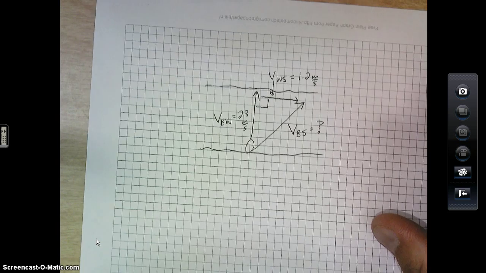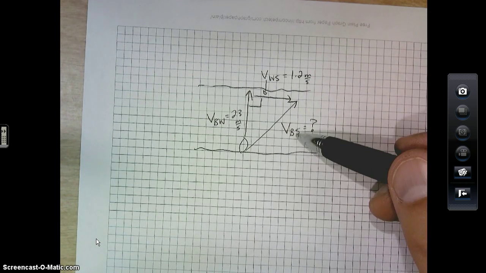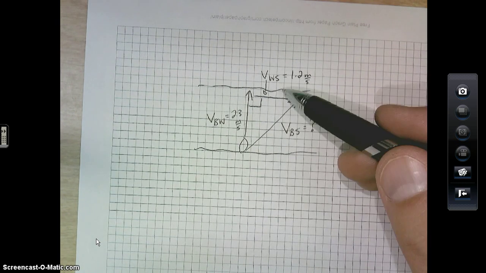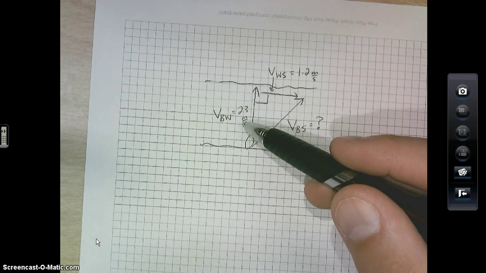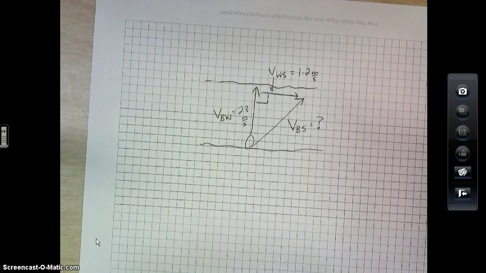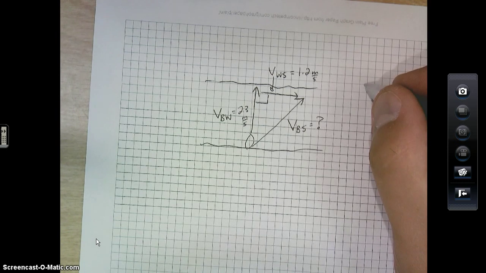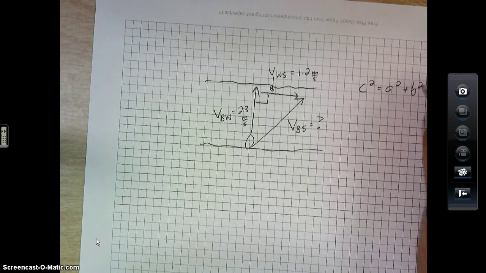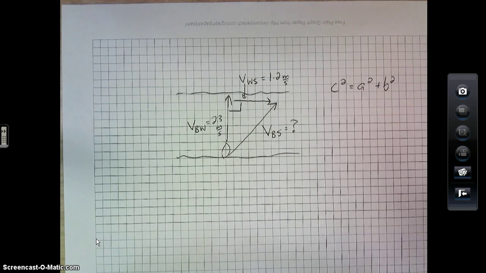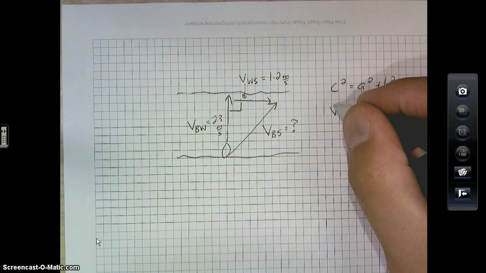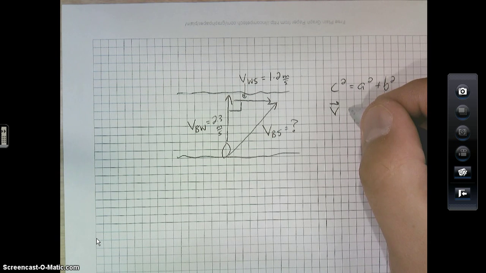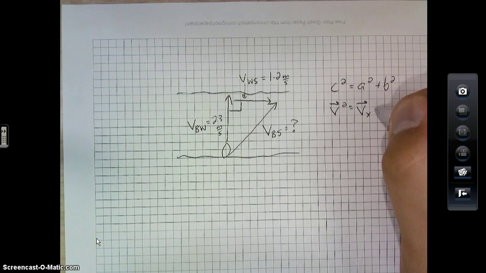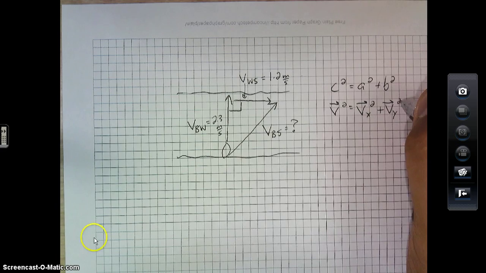Okay, so you'll notice this is the hypotenuse, the opposite, and the adjacent side of a right triangle. That means we can use the Pythagorean theorem, c squared is a squared plus b squared. Or we can use the more physics version, where the vector quantity that we're looking for squared is equal to the vector quantity's x component squared plus its y component squared.